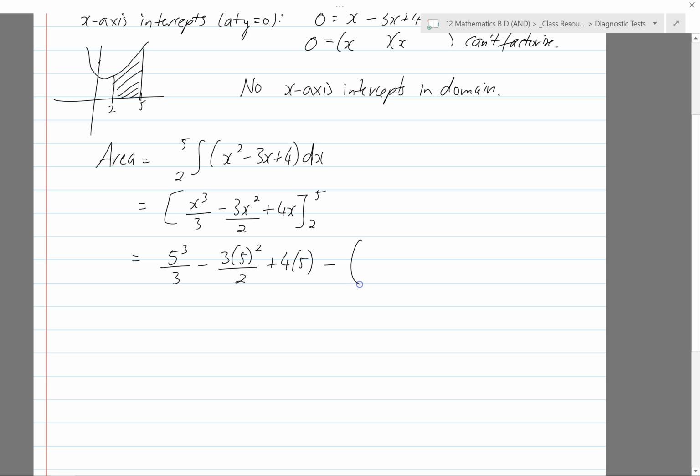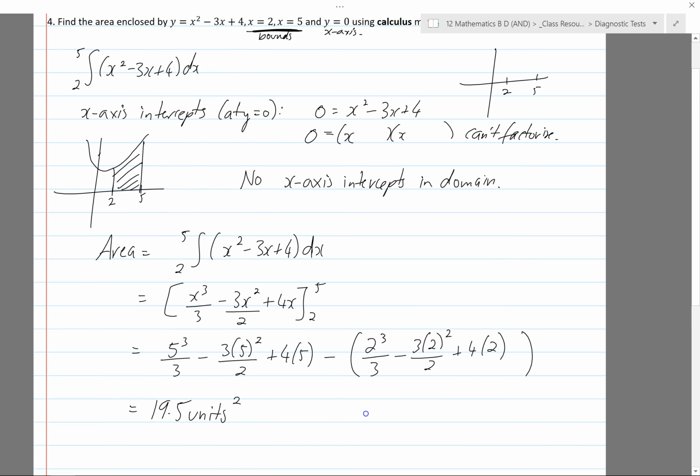And then subtracting, having 2 substituted in there. And we'll put this all into our calculator and get something like 19.5 units squared.